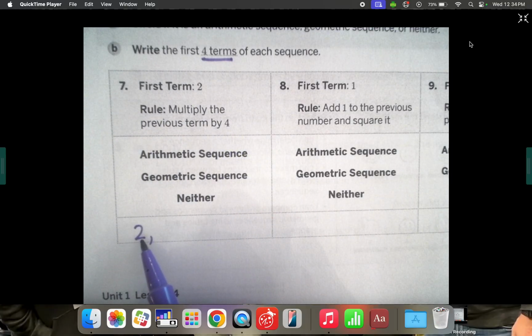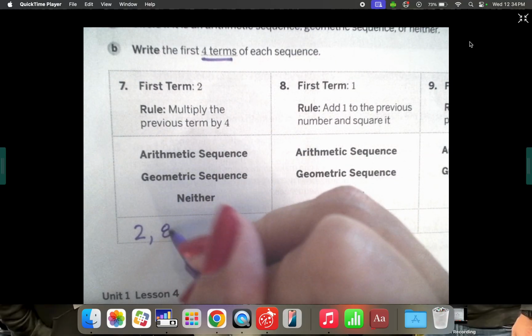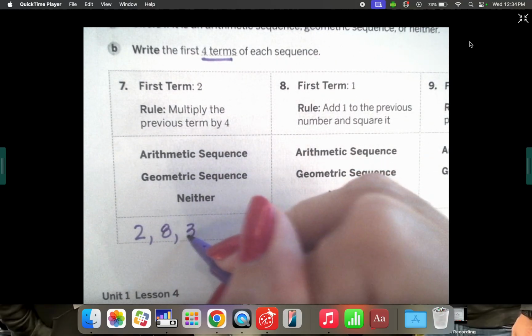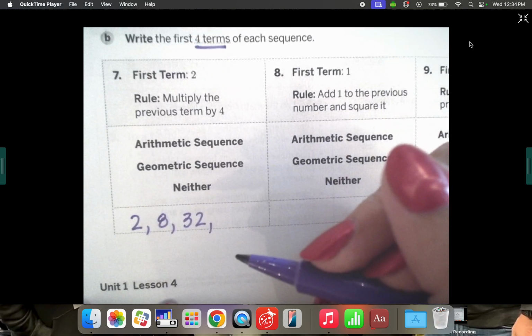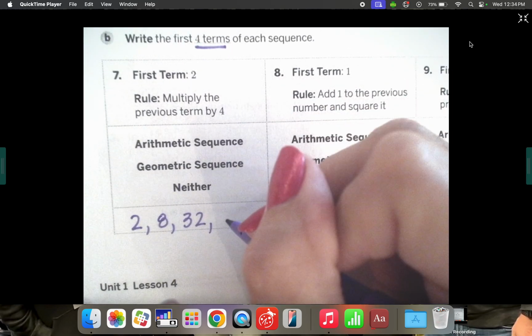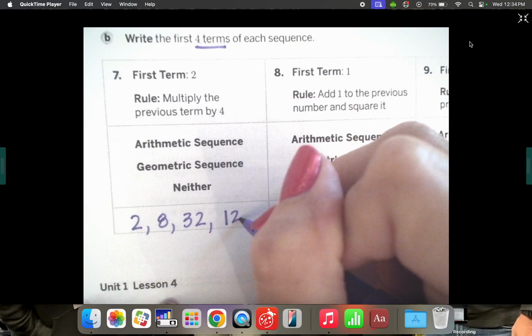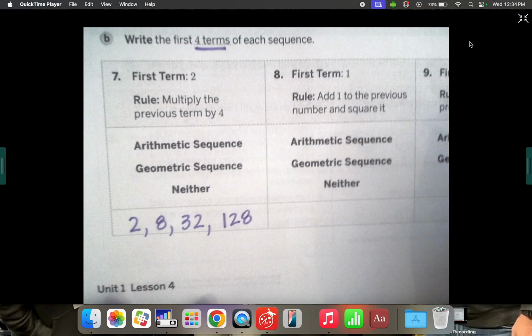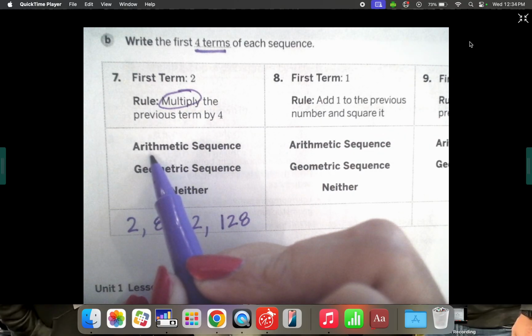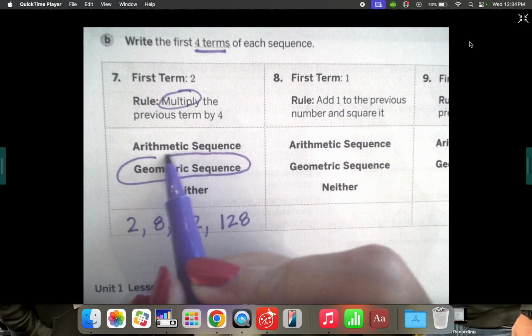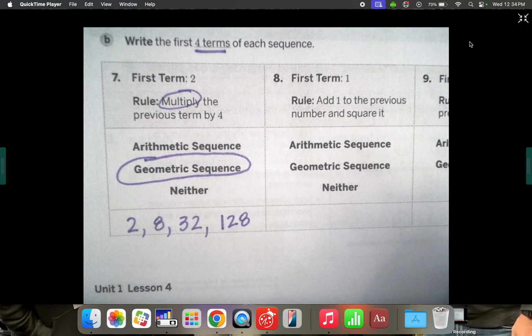So 2 is our previous term, times 4 would be 8. 8 times 4 is 32, and 32 times 4, use your calculator, I think it's 128. Man, I hope that's right. Okay, and then since we're multiplying, it is geometric. So if we were to graph this, it would be curved.